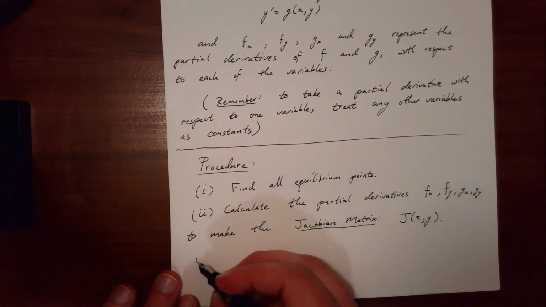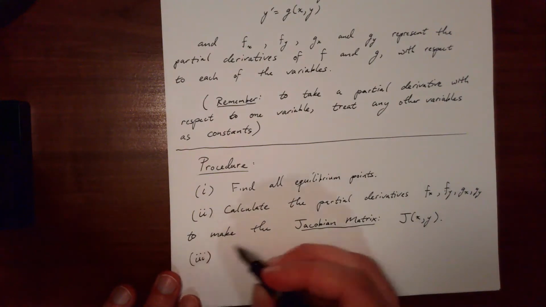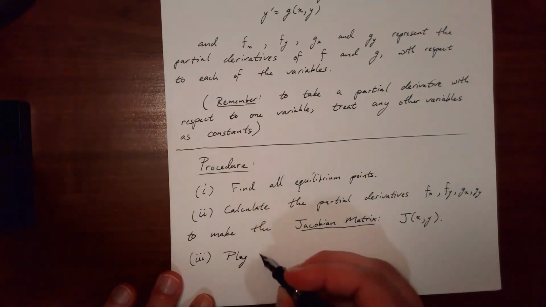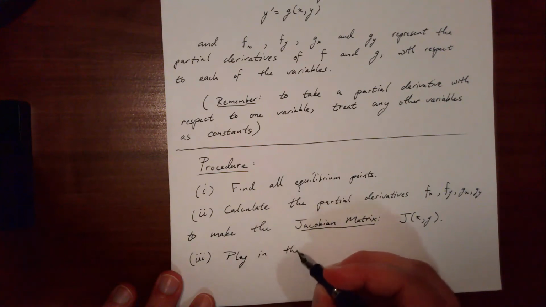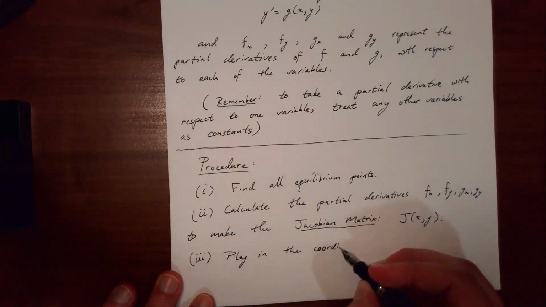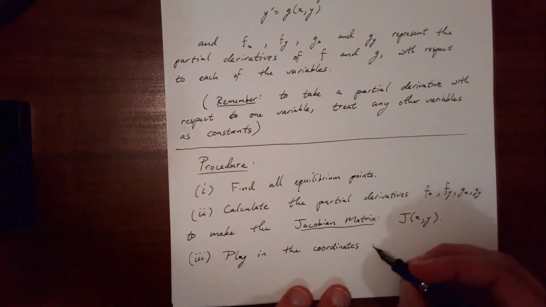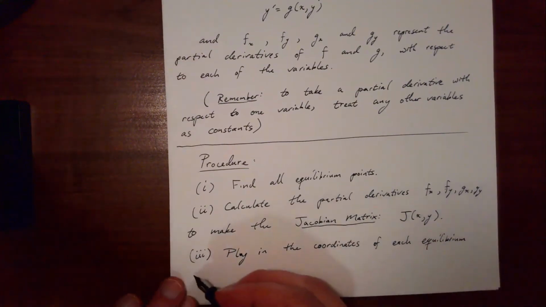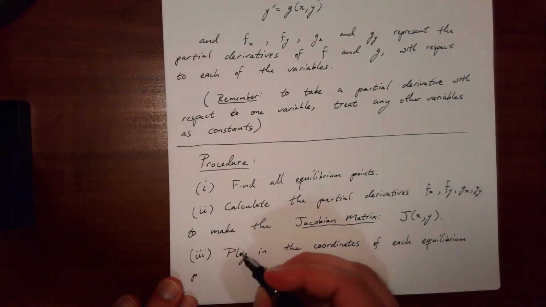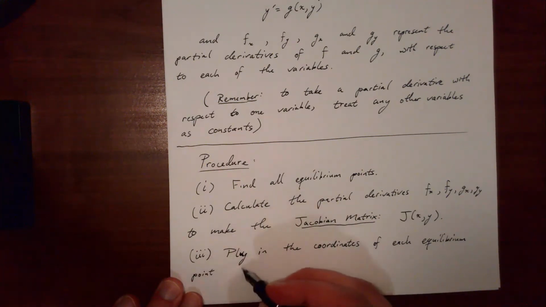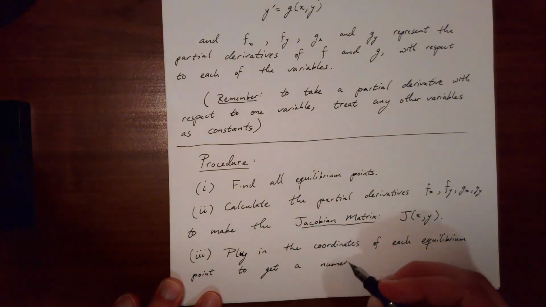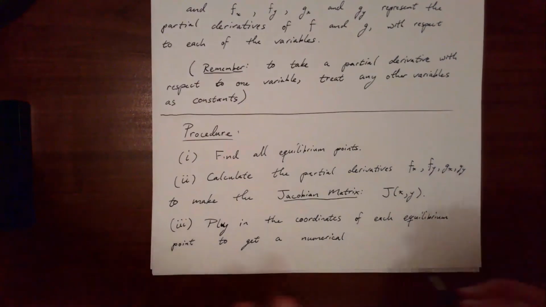Now, step three. Plug in the coordinates of each equilibrium point to get a numerical matrix.